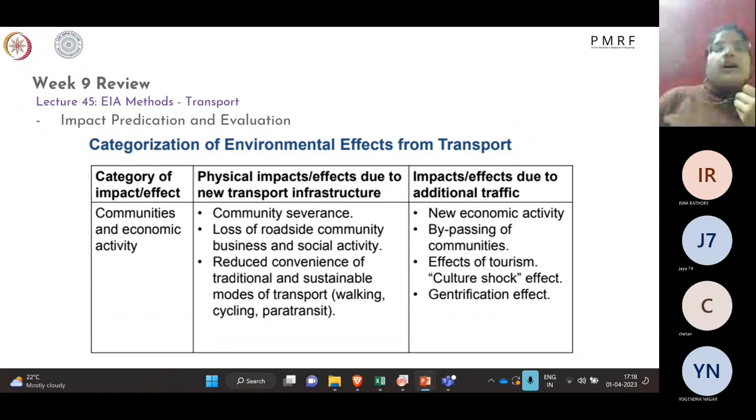So you need to look at how your activity is affecting these things as well. The reduced convenience of traditional and sustainable modes of transport, whether the new transport infrastructure is going to affect walking, cycling, and other modes of transport being disrupted, and whether it's going to cause further effects again. You need to look up those things again.